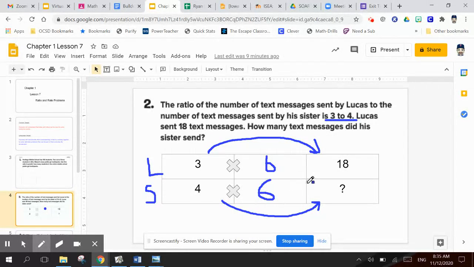And this tells me that 4 times 6 is 24. His sister sends 24 text messages. So by creating a rate table, keeping a box in between, we can multiply to find our answer.